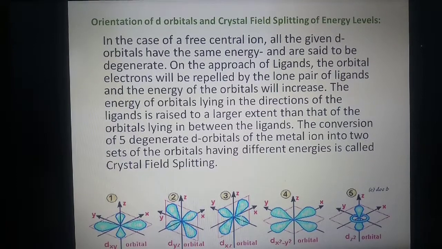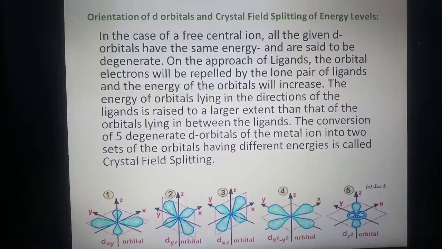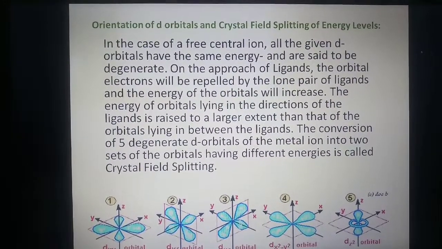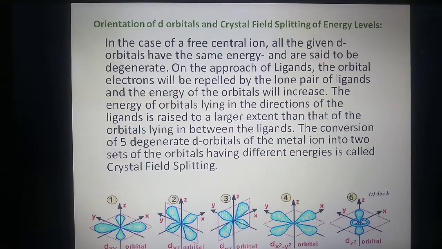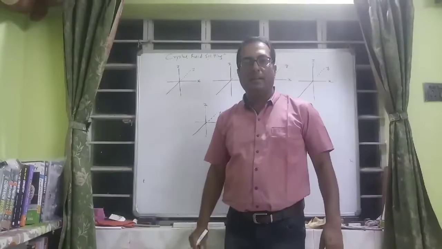The energy of the orbitals lying in the direction of the ligands is raised to a larger extent than that of the orbitals lying in between the ligands. The conversion of the 5 degenerate d orbitals of the metal ion into 2 sets of orbitals with different energies is called crystal field splitting.